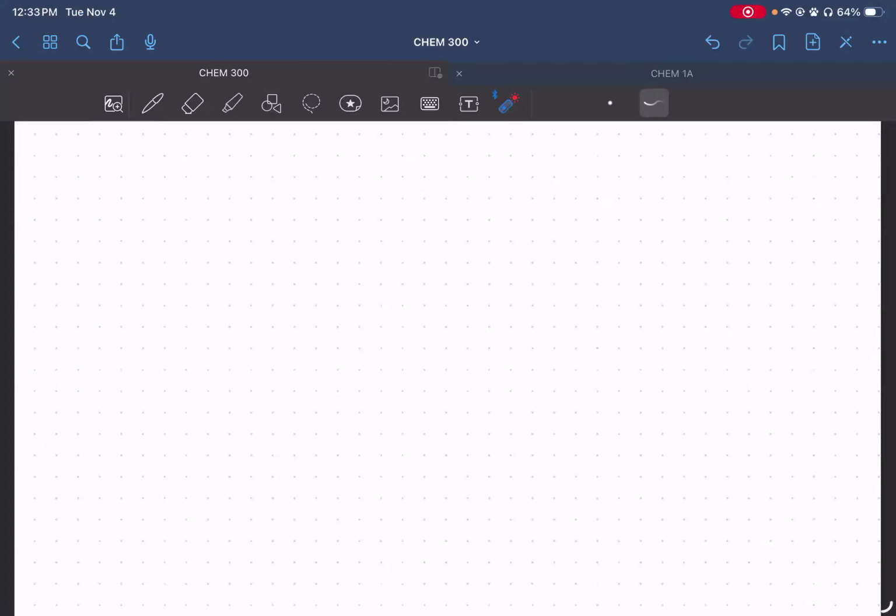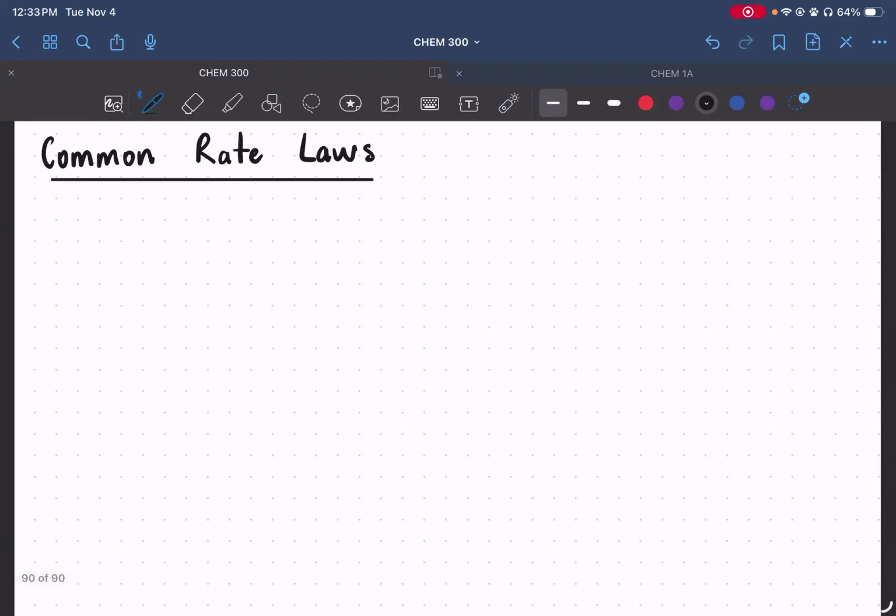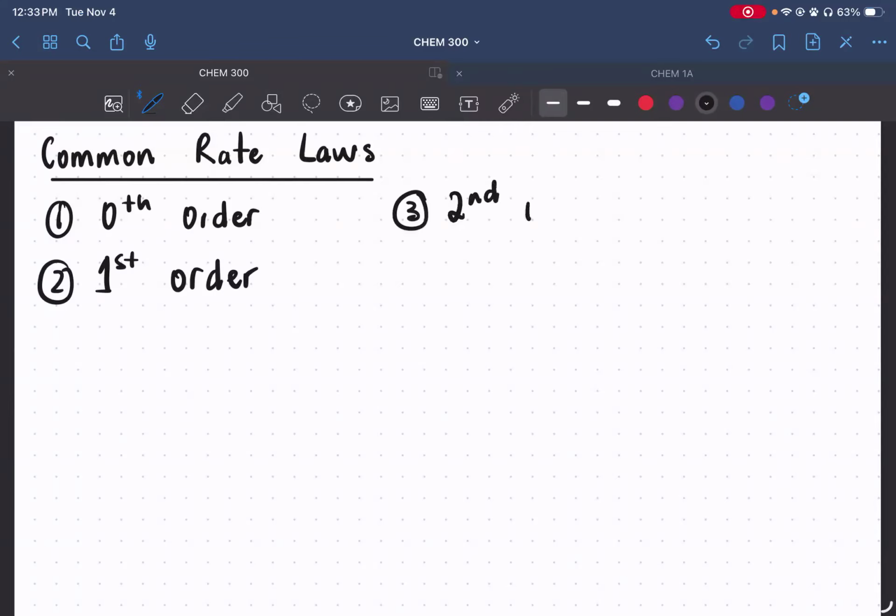To wrap things up, let's look at our common rate laws. In this class, we will encounter 0th order, first order, second order, and third order.